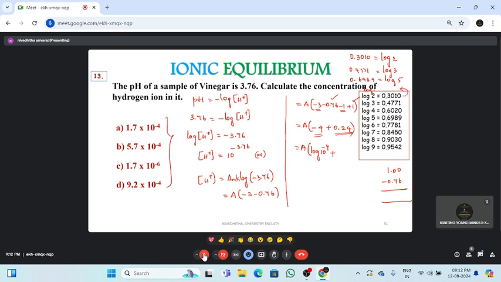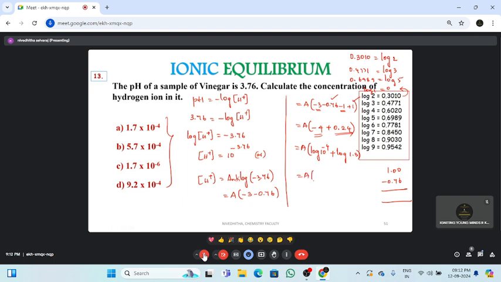The value of log 1 is 0. So 0.24 will be somewhere between log 1 and log 2. Randomly, please come up with a value between 1 and 2. Log 1.3. Okay, fine, 1.3.